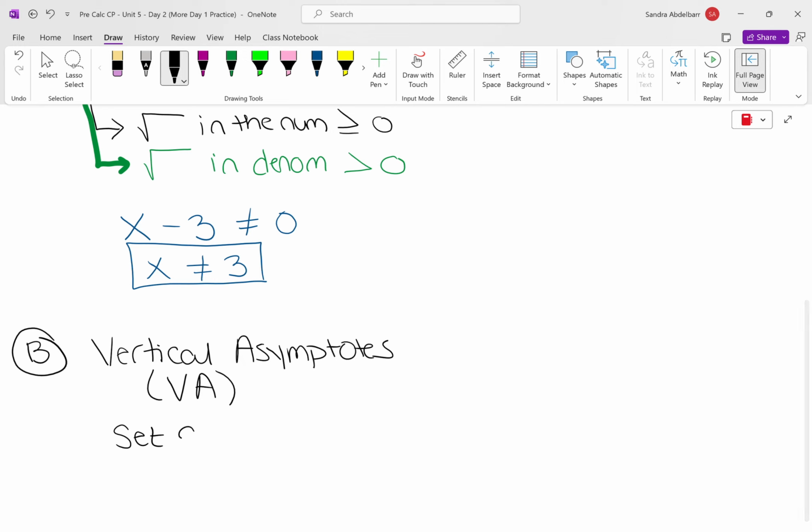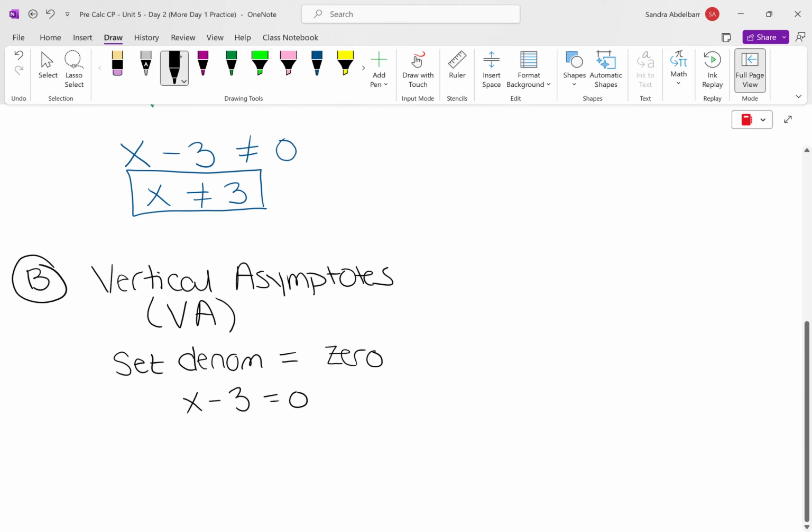We set the denominator equal to 0. So once again, we're going to take x minus 3, set it equal to 0. So we will have a vertical asymptote at x equals 3.